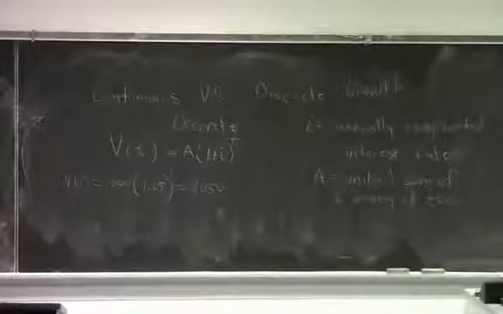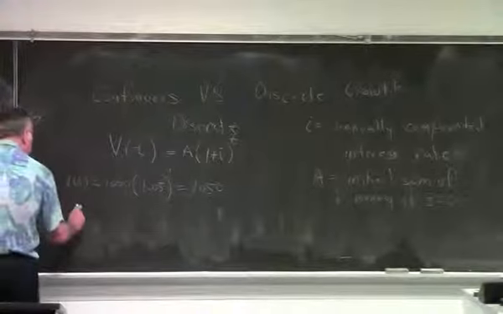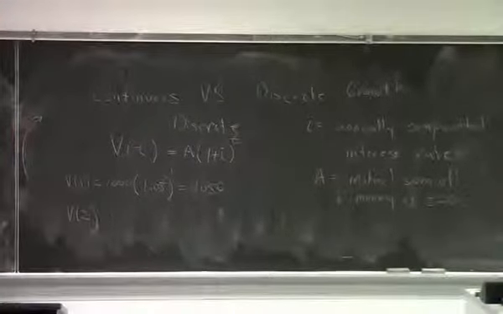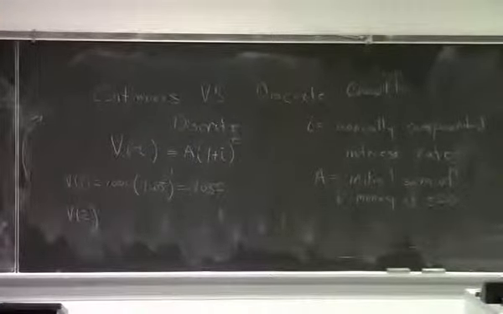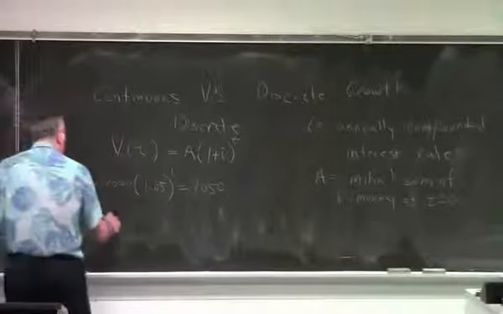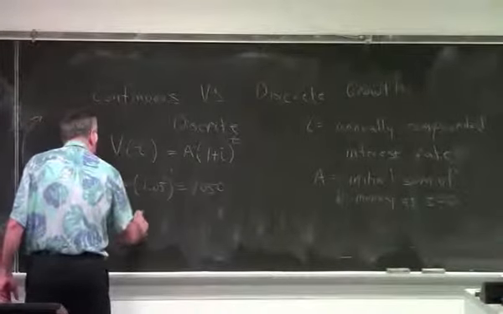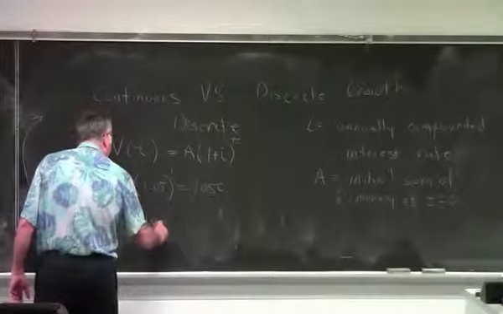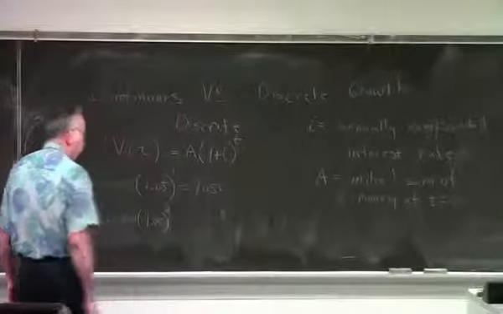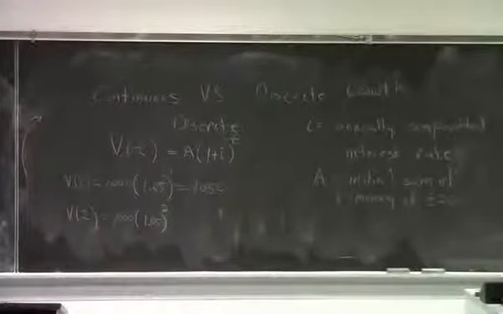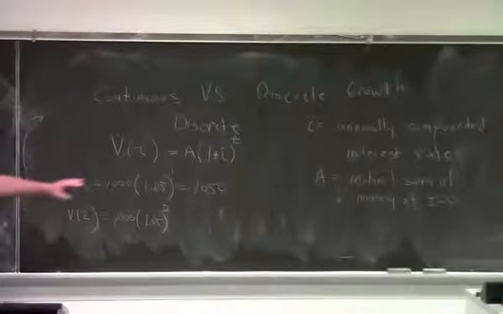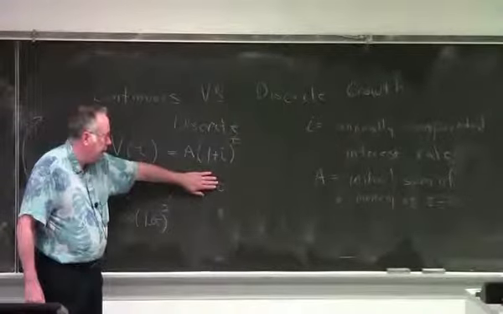Okay. Suppose we look at the future value of your money at the end of 2 years. Then it would just be 1,000 times 1.05 squared. See what you're doing? This is how much it's worth at the end of 1 year, which is this.